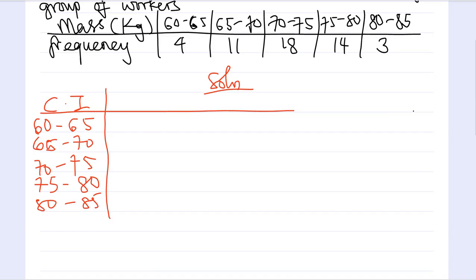Now, because this is continuous data, you can see 60 to 65, 65 to 70, 70 to 75, 75. It is already continuous. You don't need class boundary. No need for class boundary.